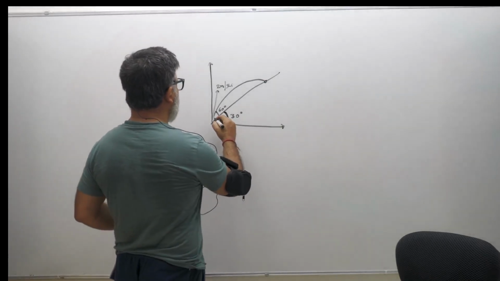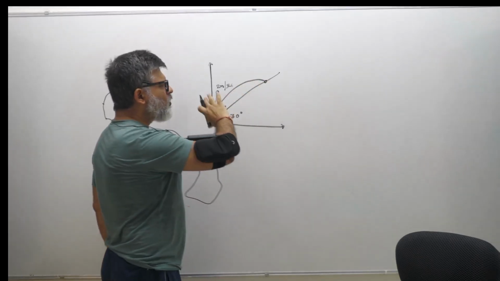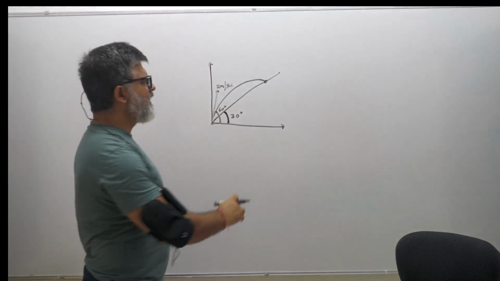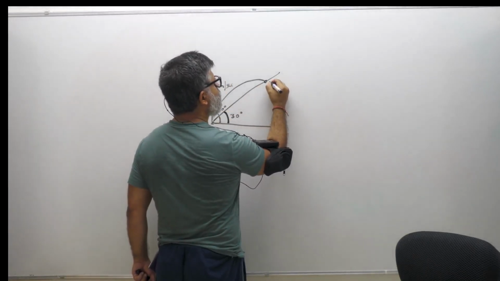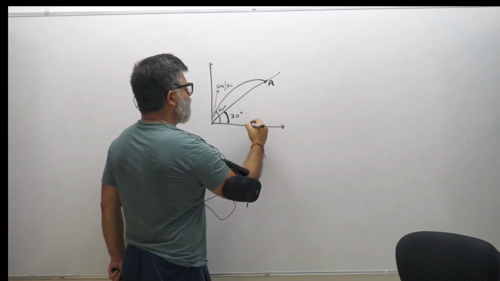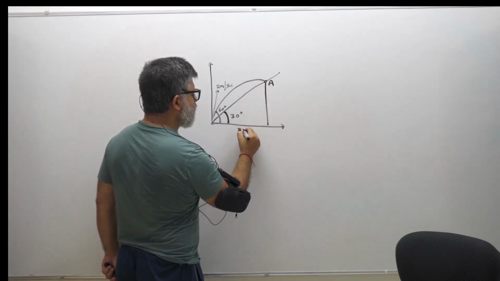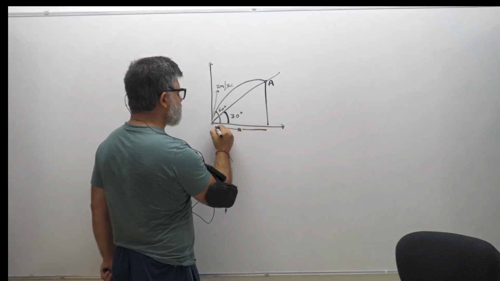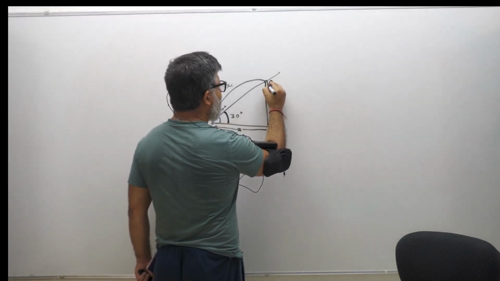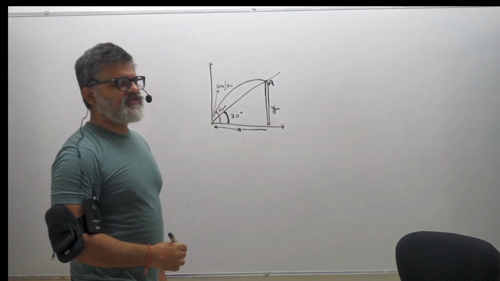If you throw a body at 60 degrees, what the question is trying to say is that at the point where you fall, let's call it point A, you have traveled an x distance and a y distance in whatever time it took, which we are supposed to find.